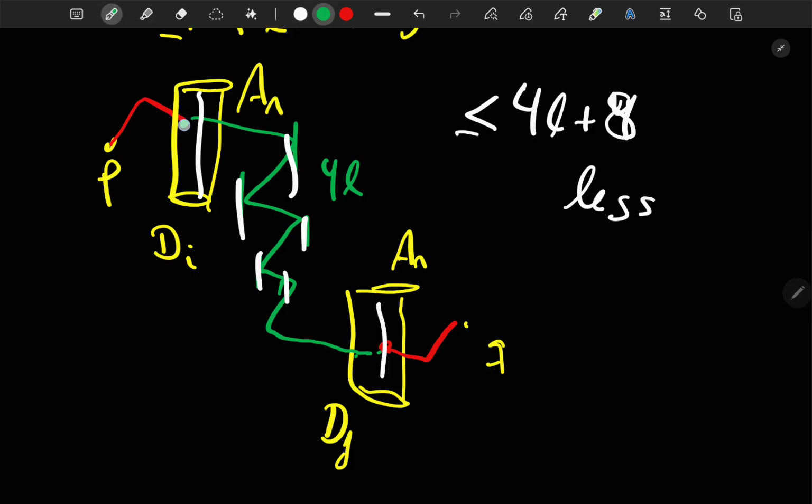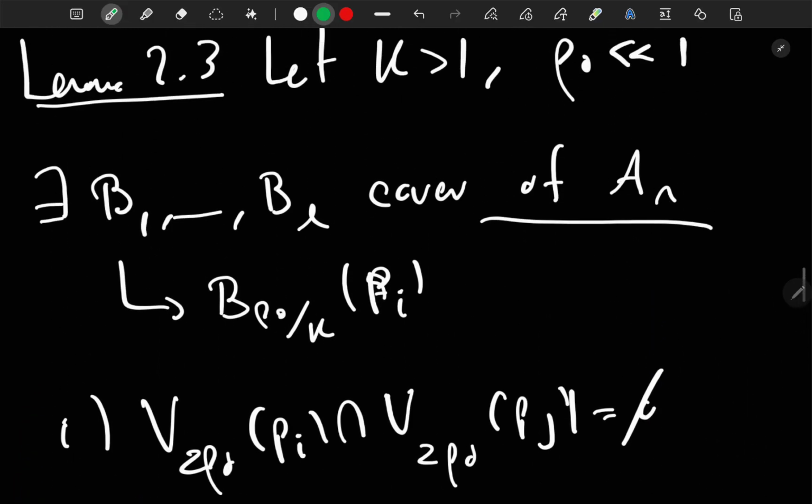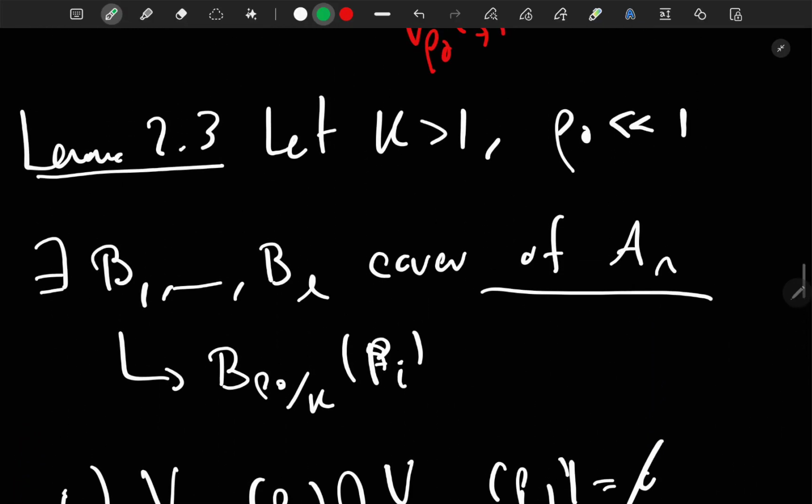This point here we need to join to the disk, and this point here also we need to join to the disk. So there are four more legs, and this is done. So this is the proof of the lemma, without talking about this covering lemma, which I will talk about later. Okay.